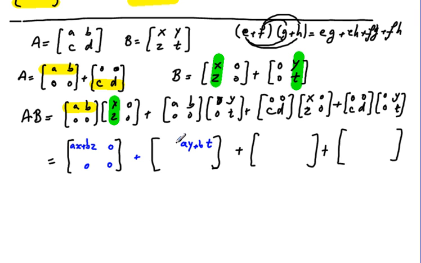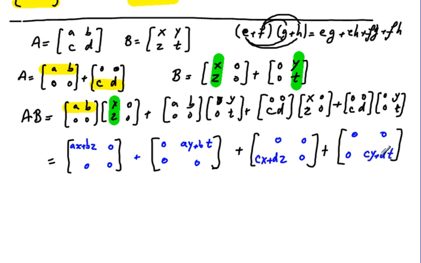When I multiply by the first column, I'm going to get the 0 here. This 0 times any of these columns is going to be 0 entries. And so on. So this is going to be like CX plus DZ, but the first row being 0, you multiply by those columns is 0. You take this row, multiply by that column, it is 0. And finally, what's the only non-zero entry of this last matrix? Second row, second column, is that right? CY plus DT, and these guys are just zeros.